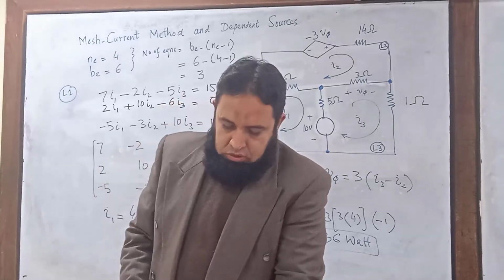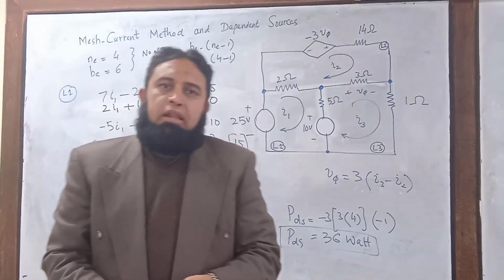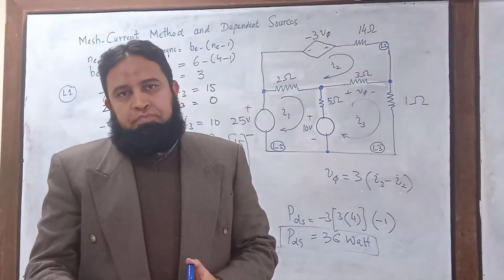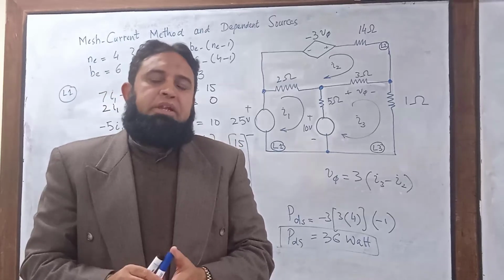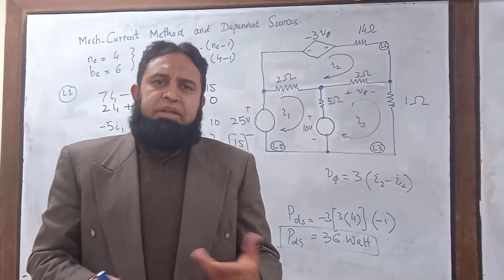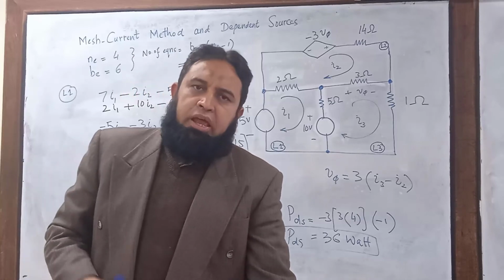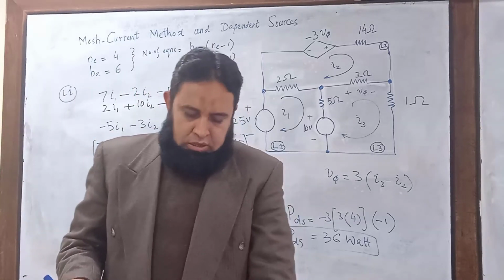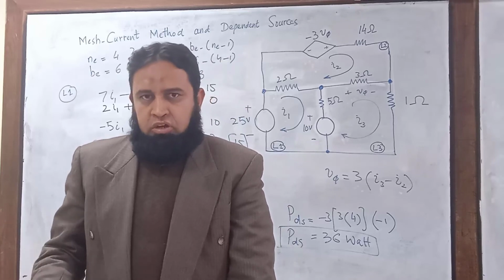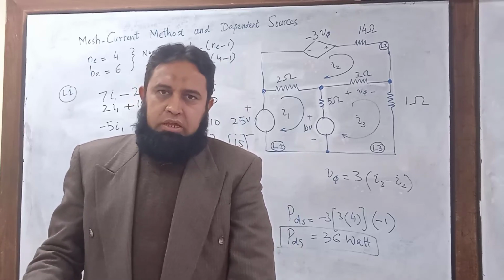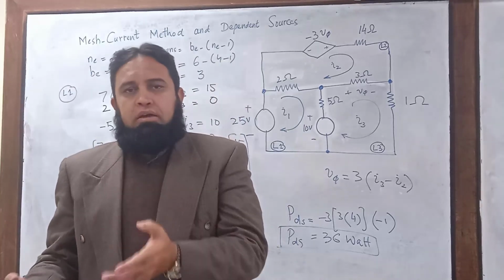Okay, so this is all how to solve a circuit when you have a dependent voltage source. The same treatment can be done with current sources, just assuming the voltage across that, and then finally solving for the values which are unknown in the controlling quantity.